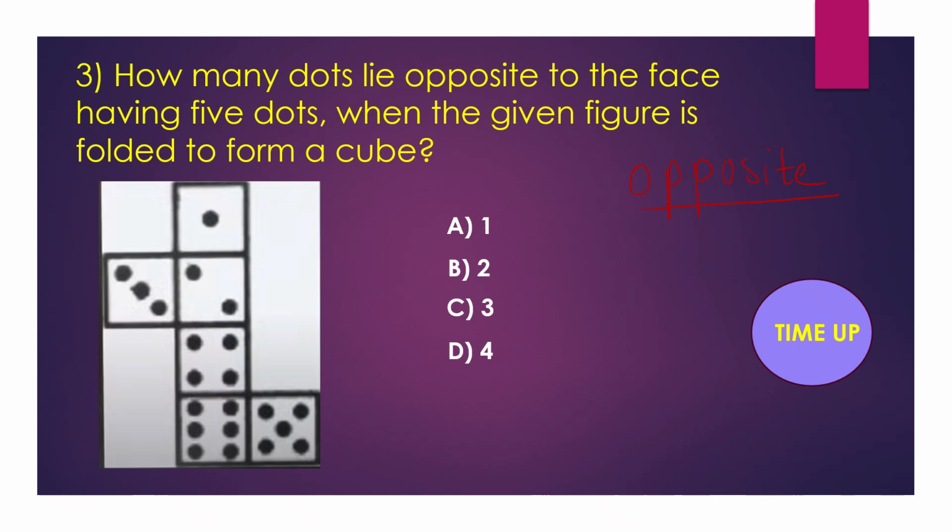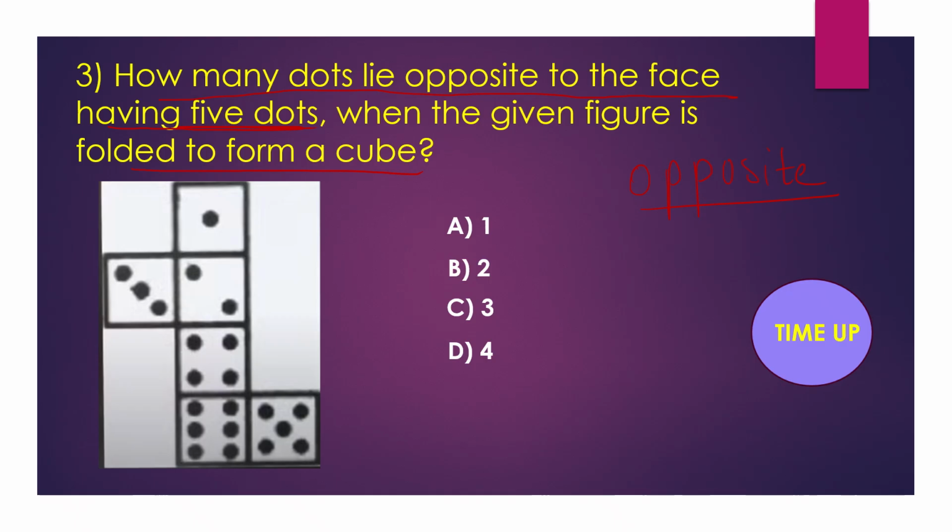But they will not directly ask what is the face opposite to 4, or they will not directly ask to find out the face opposite to 5, even in an open dice or in a closed dice. They can twist the question and ask, but their meaning will be only to find out the opposite. Okay, but you should read the question also very carefully. How many dots lie opposite to the face having 5 dots when the given figure is folded to form a cube?